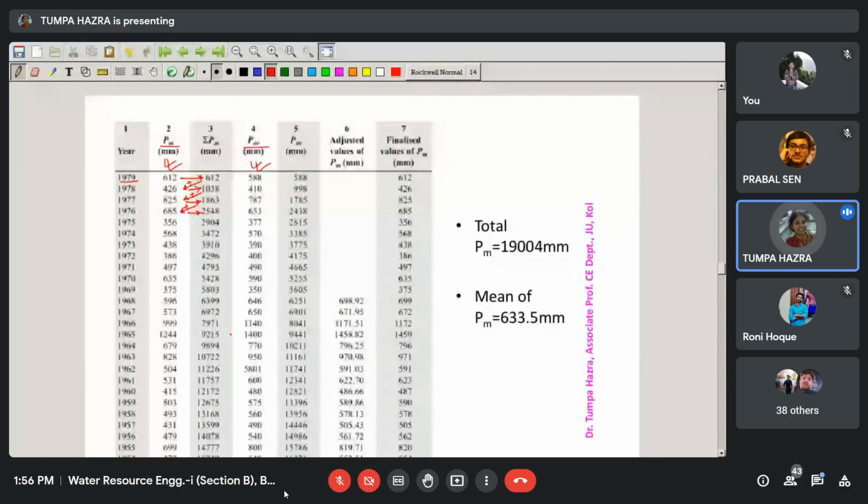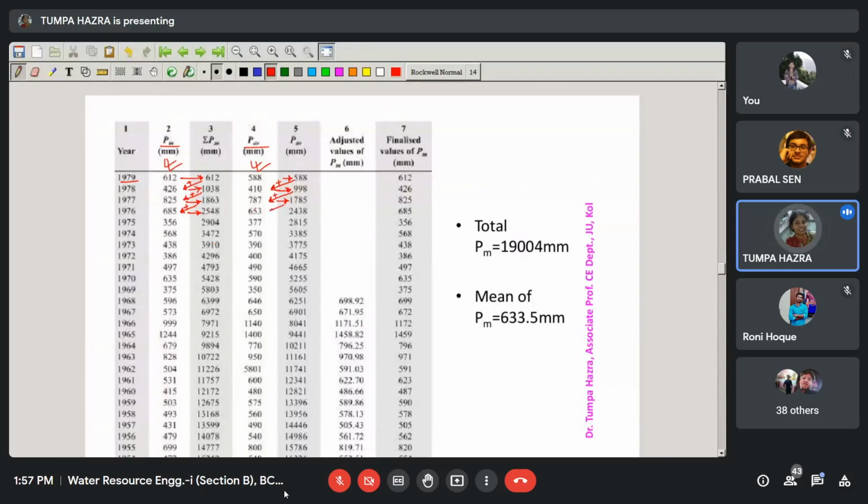The first entry of that column will be 588, then 588 plus 410 will be your second entry, then 998 plus 787 will be your 1785.